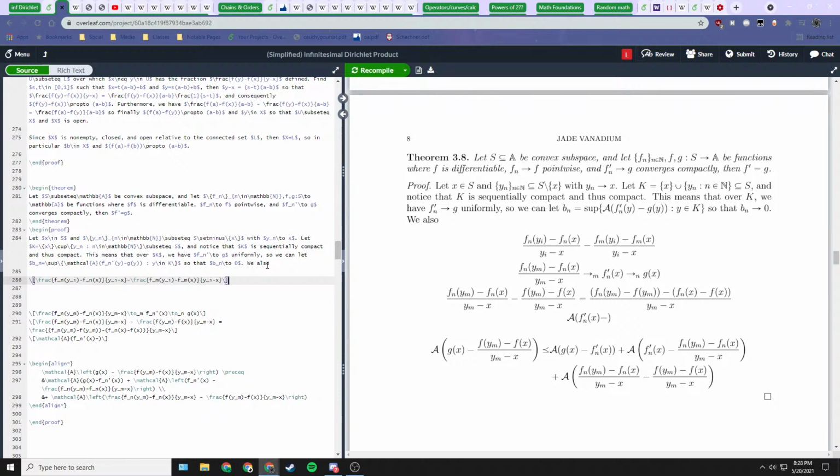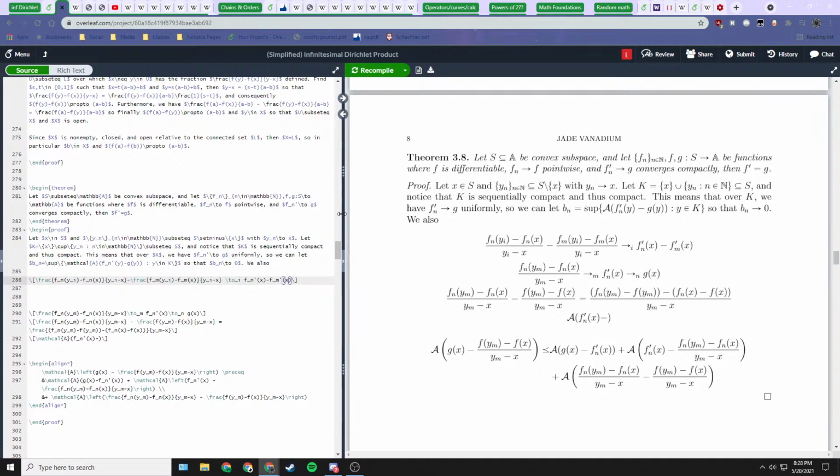I want to see if we can put these close together. So we know both of these terms, with i, will go to f_n prime of x minus f_m prime of x.